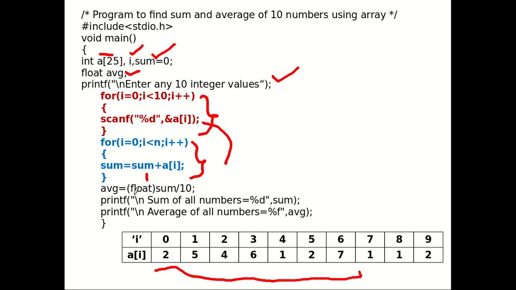So here an average will be computed, that is sum divided by 10. This is called typecasting. We are forcibly converting integer to float, because the average is of type float here. Once the average is computed, we are displaying the sum value and average value.